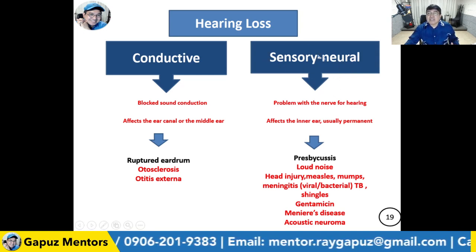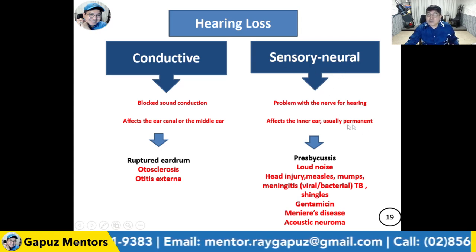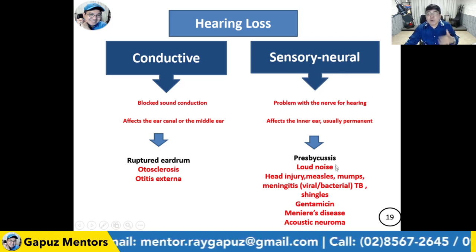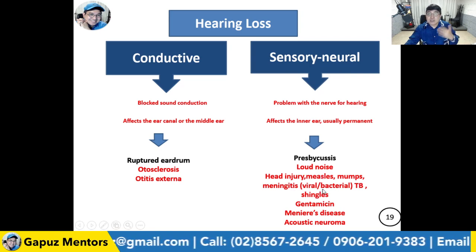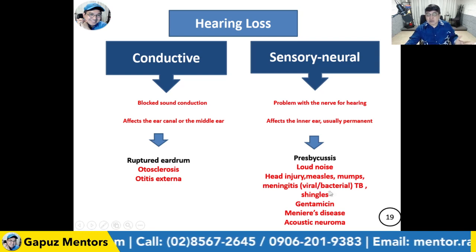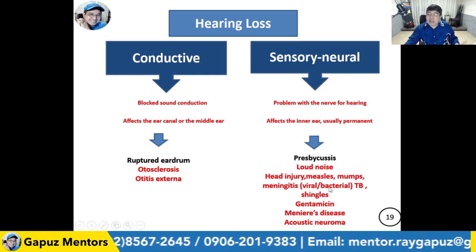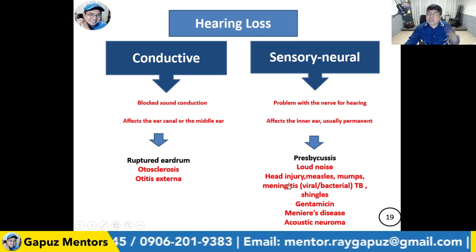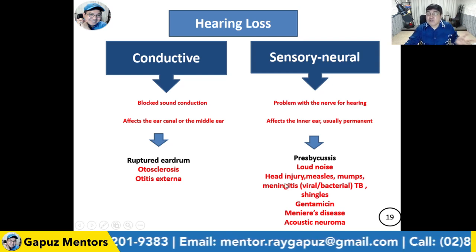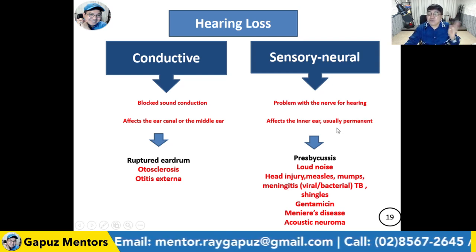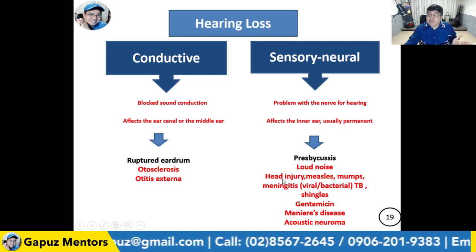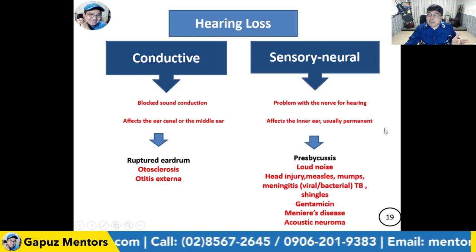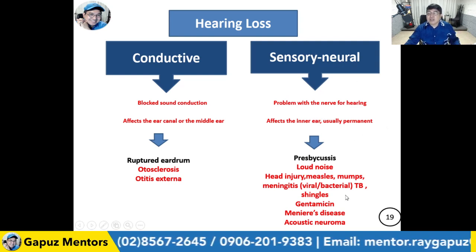Okay, sensorineural hearing loss, which is usually permanent, also occurs when a patient gets infected with measles, mumps, meningitis. Now, that's why if you'll be asked on the test, to whom should you refer a client who had bacterial meningitis? Then refer the client to an audiologist. They need evaluation of their ability to hear, because bacterial meningitis could lead to permanent sensorineural hearing loss.